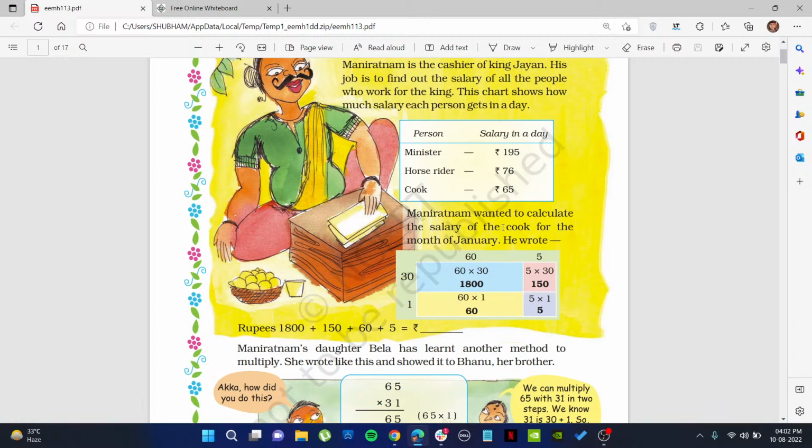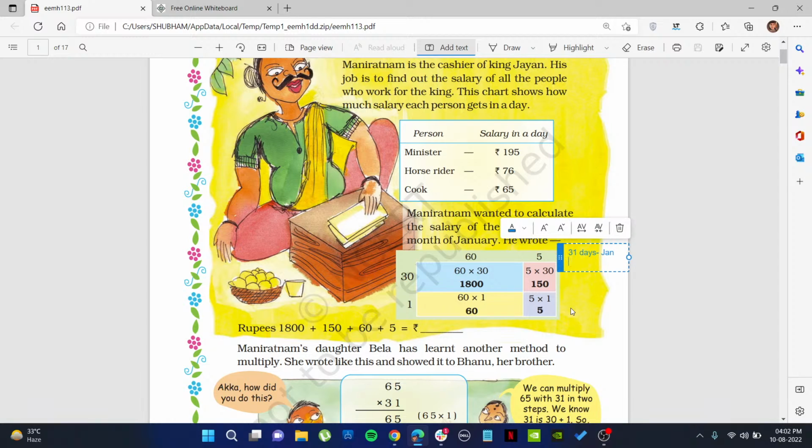Okay, so here let's first think how many days are there in January. It is how much? It is 31. Let's write 31. 31 days in January.